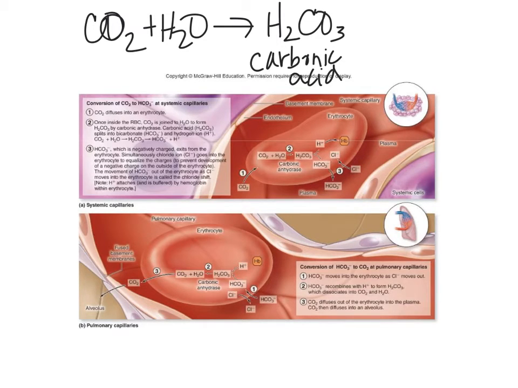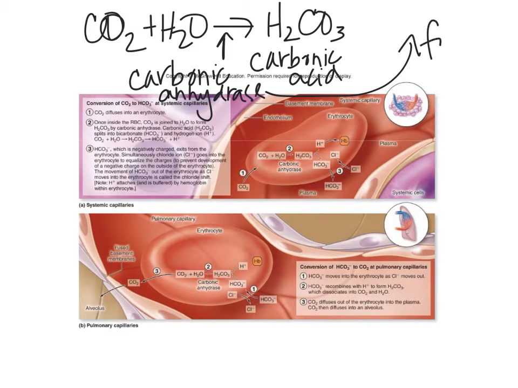Now there is an enzyme found in your red blood cells that takes care of that. The enzyme is called carbonic anhydrase, and it's found in our red blood cells.